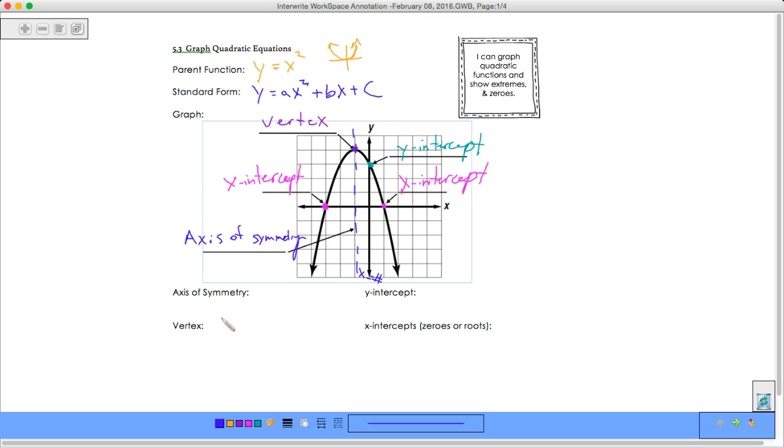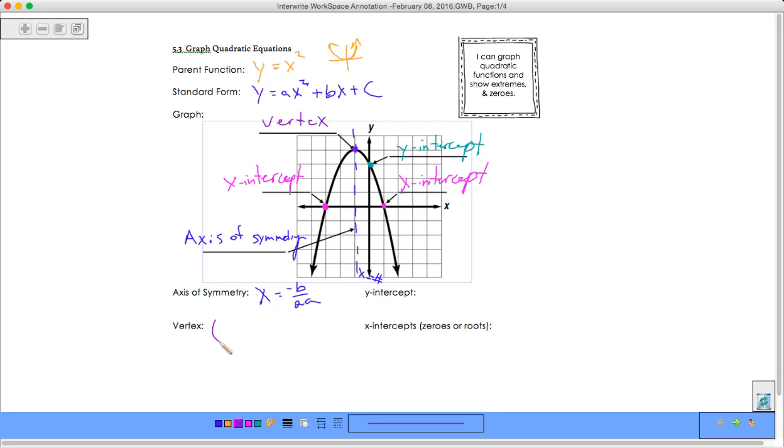So to start with, our axis of symmetry is that vertical line that runs in the middle, and we get that by x equals opposite of b over 2a. So it's x equals a number, because it's a vertical line, and this number comes from the a and b in our equation. Okay. Then the vertex has the same x value as the axis of symmetry because it lies on that line.